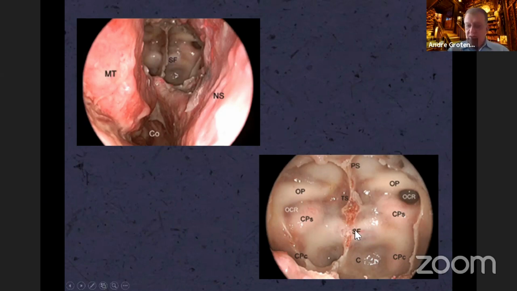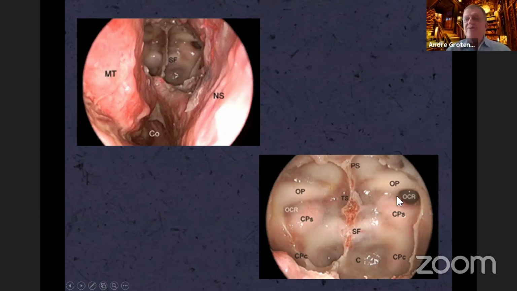Because the sella, the sella floor is in the midline. How do we find it? Well, we have typically the protuberance of the optic nerve on both sides, then the bulge of the carotid artery, and we have the indentation of the clivus, and then between the optic nerve and carotid we have the medial optic carotid recess, and we have the lateral optic carotid recess.